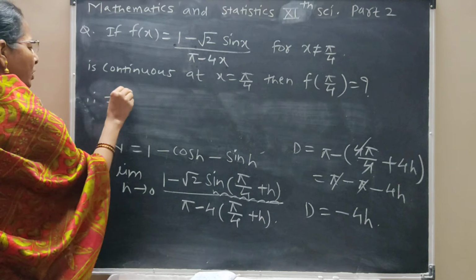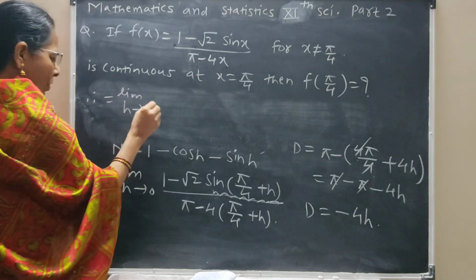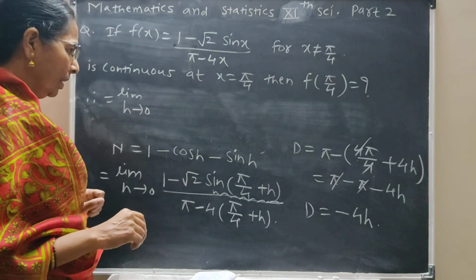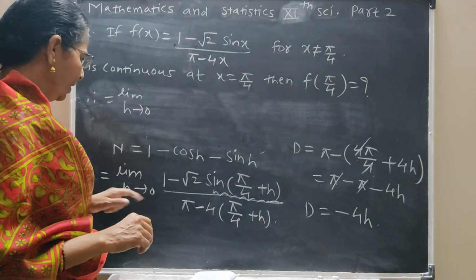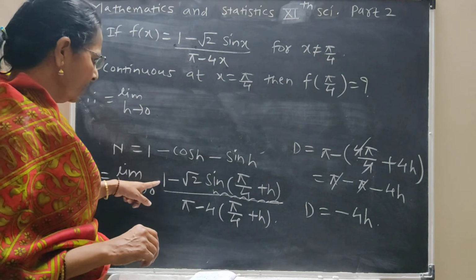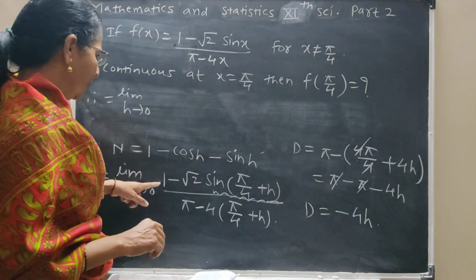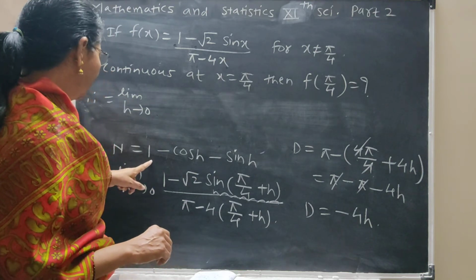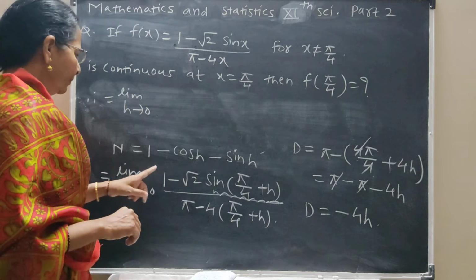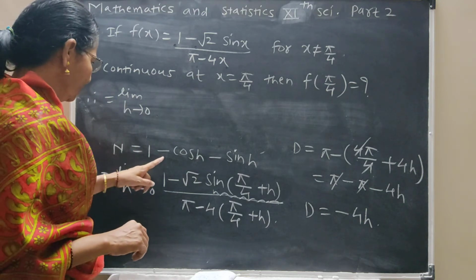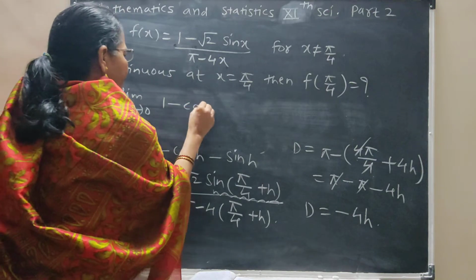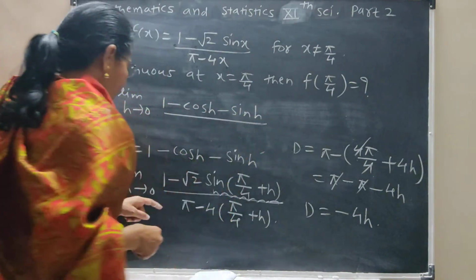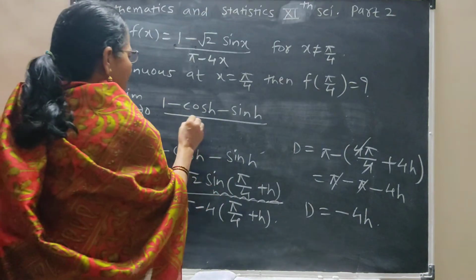Therefore it is equal to the limit as h tends to 0. The value of the numerator is 1 minus cos h minus sin h, and the value of the denominator is minus 4h.